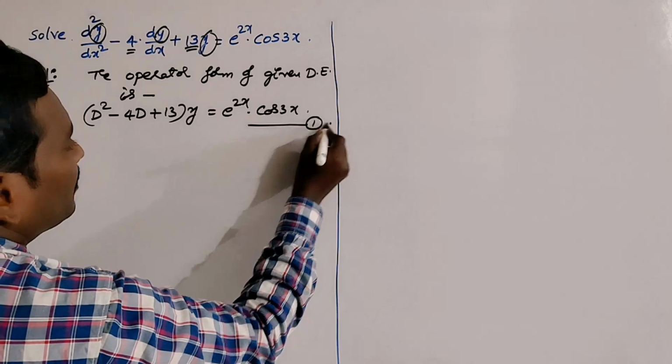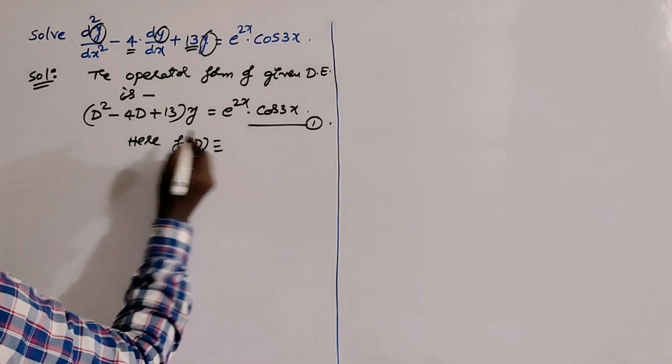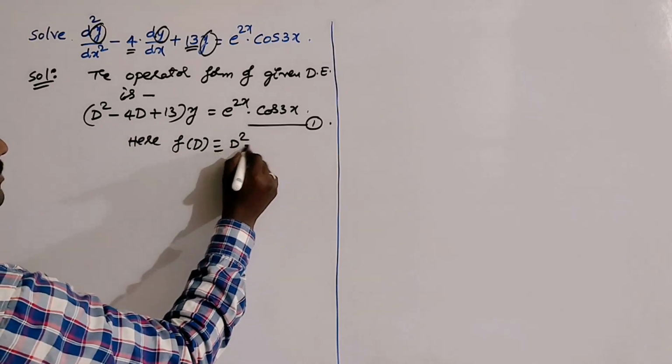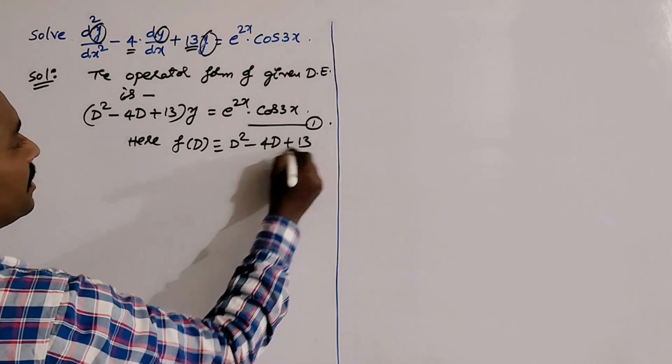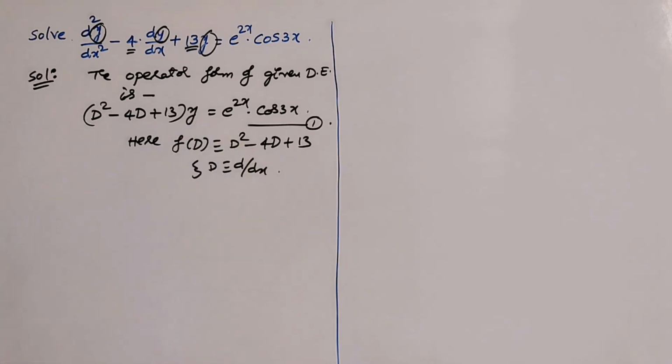Take it as equation number 1. Here, what is f of d? It is a polynomial in d, which is d square minus 4d plus 13. And D is nothing but d by dx.